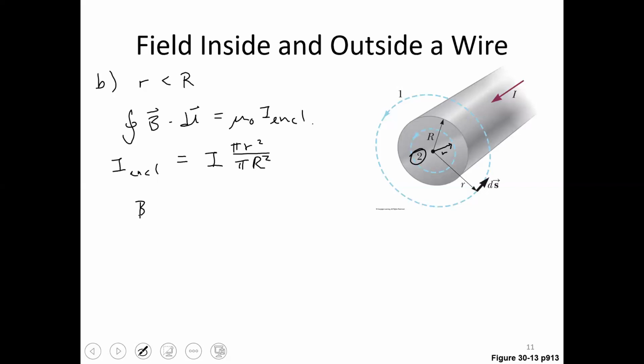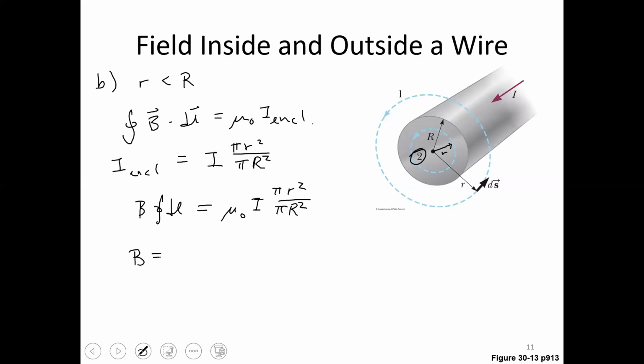So again, we're going to claim that we can turn our dot product into simple multiplication, since we're looking at a uniform magnetic field at that uniform distance, and our I enclosed is this fraction of the total current in the wire. Again, that reasoning comes from the phrase that the current density is uniform.